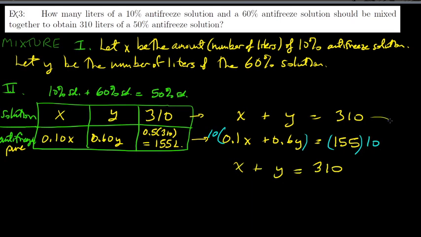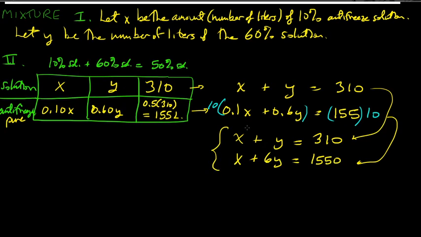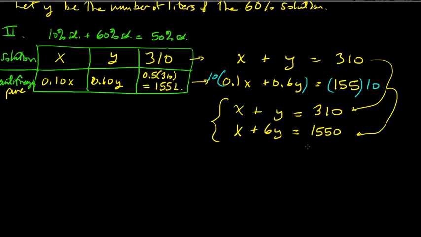And then the second equation is going to be, well, 10 times 0.1, that's just x, plus 6y equals 1,550. So there's our system again, but this time with nice whole numbers. And I think it'll be pretty easy to eliminate x.